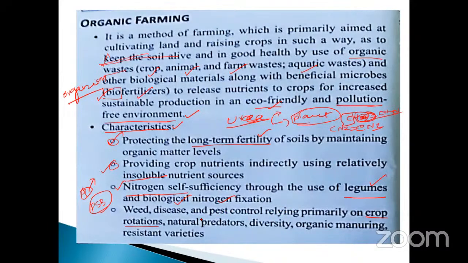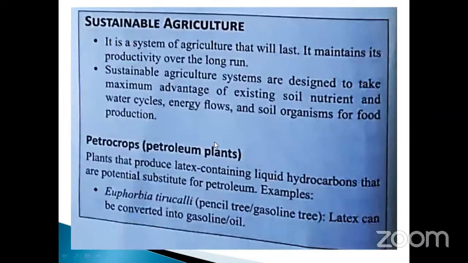Some of the microorganisms present in it can affect the new cultivation, new farming. And also natural predators, diversity, organic manure, and resistant varieties. These are the important points. So that's why we are using organic farming.